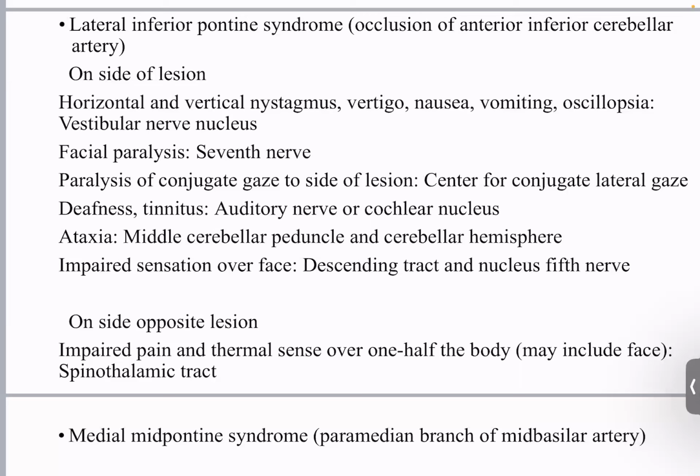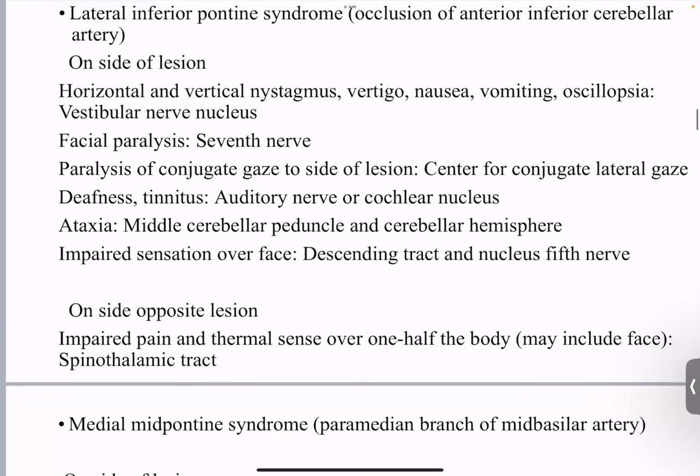In addition, involvement of the facial nerve nucleus can cause ipsilateral facial nerve palsy, and cochlear nucleus involvement can cause deafness and tinnitus. And vestibular nerve nucleus involvement can cause nystagmus, vertigo, vomiting, and oscillopsia.